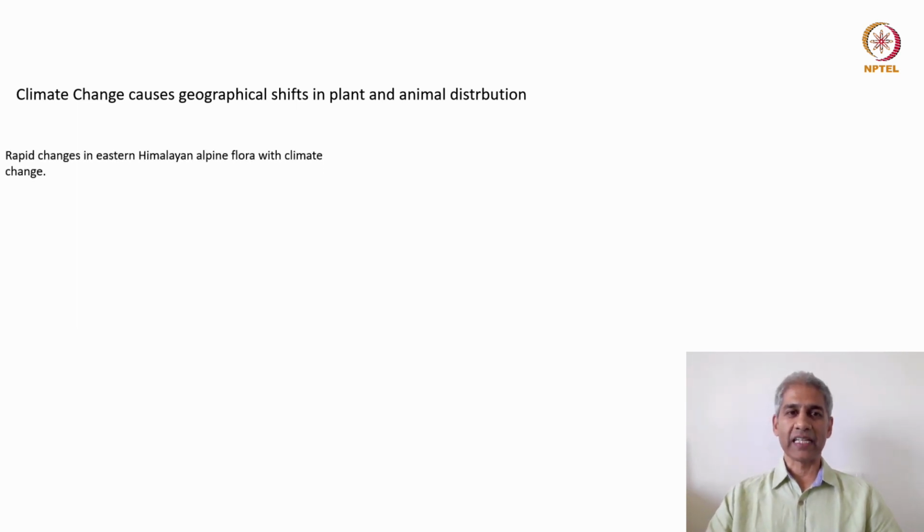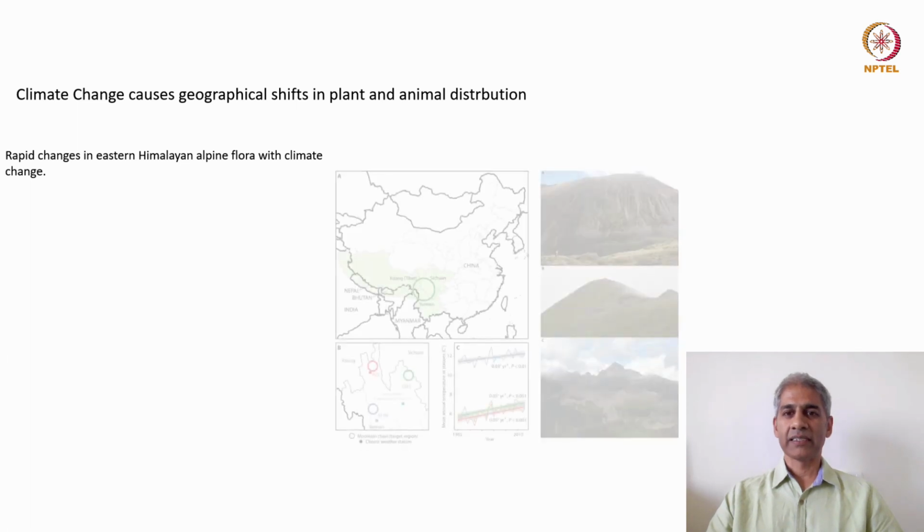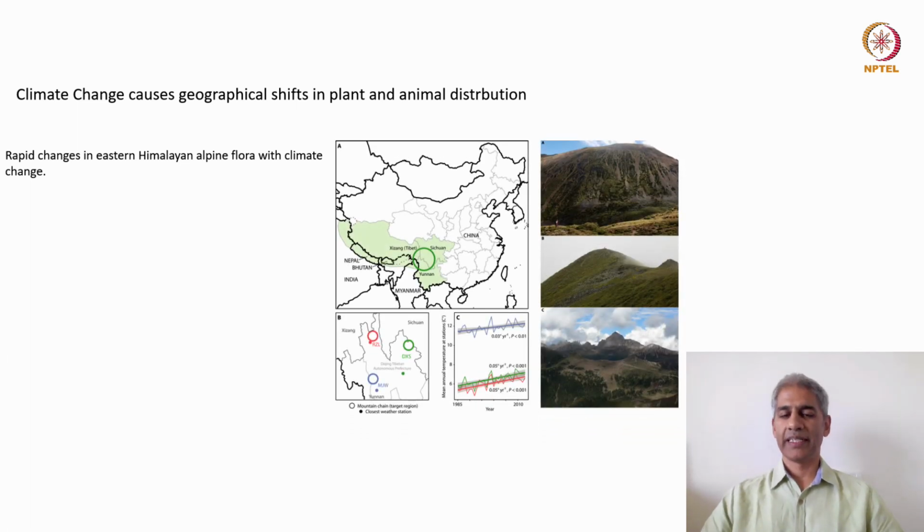Coming to specific examples, here is an example of changes which have been observed in flora in the eastern Himalaya. The study site was in Tibet, and they looked at 3 different mountain ranges within Tibet. What was seen by the researchers, as shown in graph C, is that there was a warming trend from 1985 to 2010, where on average they observed a warming of 0.03 to 0.05 degrees centigrade per year.